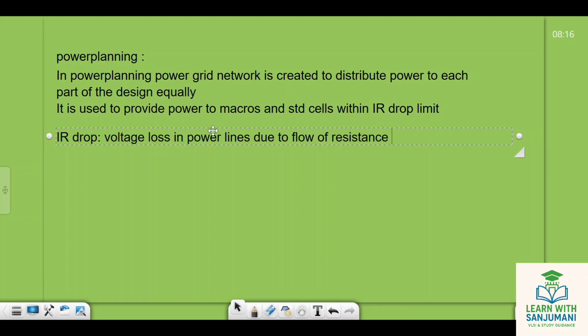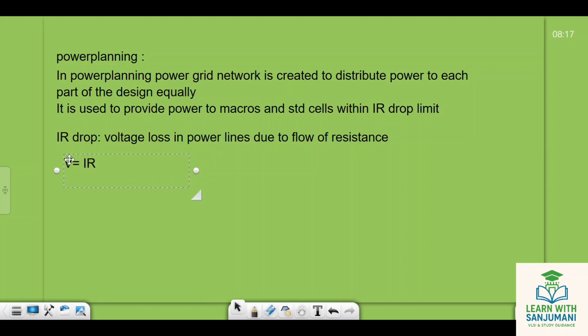It is used to provide power to macros and standard cells within the IR drop limit. Within the IR drop limit, we have to provide the complete power to each and every macro and each and every standard cell. That is the main agenda of this power planning. Without power, there is no execution in the design or chip. So we need to provide power, then only the chip will work, right? We know the formula V equals IR, right?